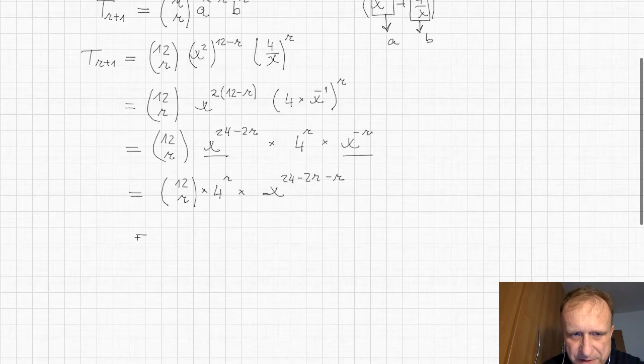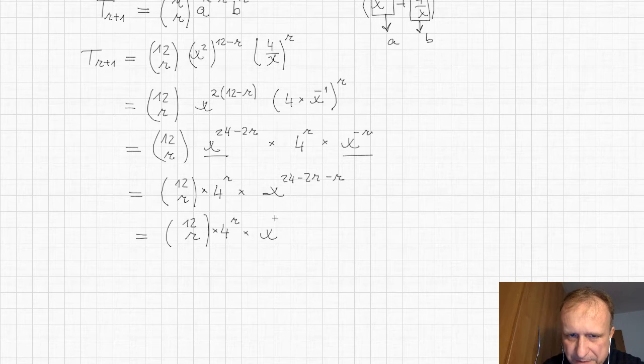So this term in reality is 12 choose r times 4 to the power of r times x to the power of 24 minus 3r. This is the r plus 1 term.